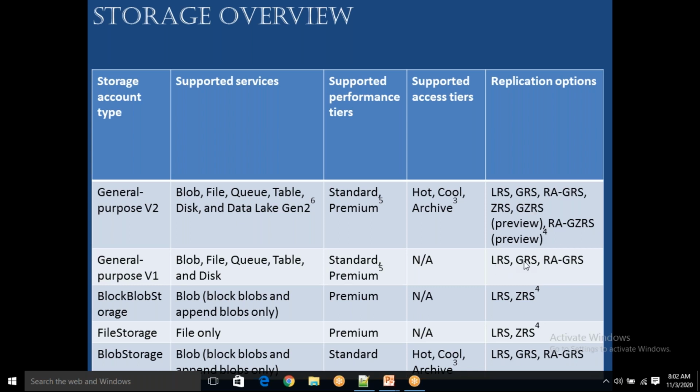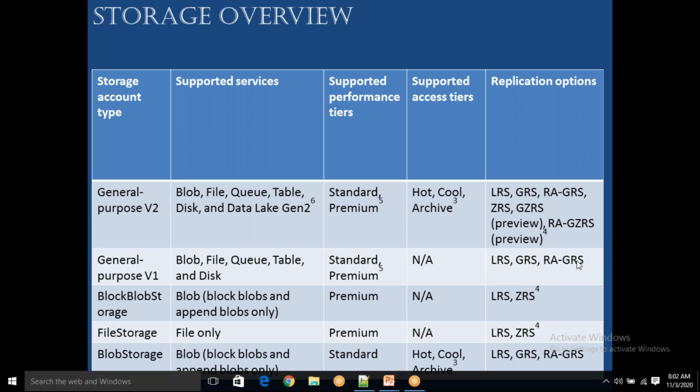Next, we discussed LRS, ZRS, and GRS. Sorry, GRS. So geo redundancy storage, local redundancy storage, zone redundancy storage. Based on the option, you will have what kind of replication you can use. If you go with General purpose V2, all options are available.